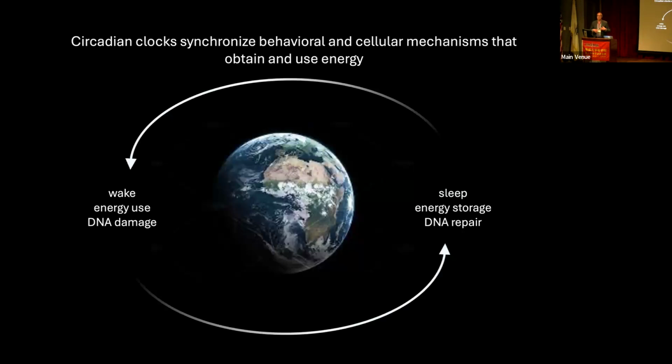So just to remind us, one of the most fundamental aspects of our life on this planet, besides the fact that it has gravity and keeps us attached to the ground, is that it rotates. As a result of the rotation, we experience a geophysical oscillation of the light-dark cycle, which imposes a predictable rhythm to the sources of energy, which ultimately come from photosynthesis in plants.